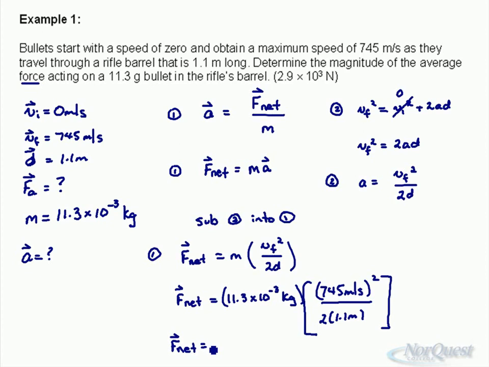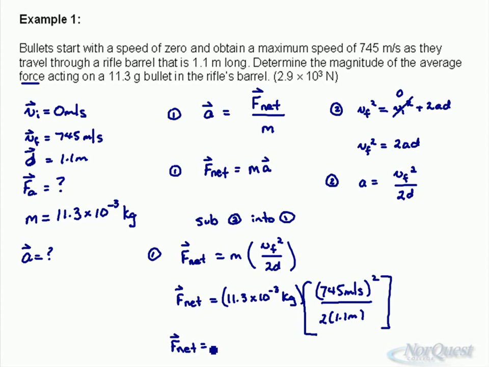So depending on how well you are at punching things in on your calculator, you could do this in one single step, or you could do this in a series of steps. And I'd like you to try it maybe a couple ways so that you understand how your calculator works properly. What I would do is punch in 11.3 times 10 to the negative 3 times 745 squared.